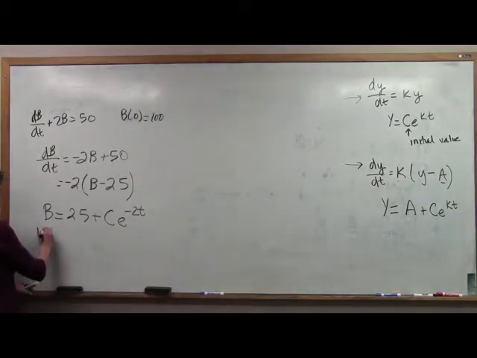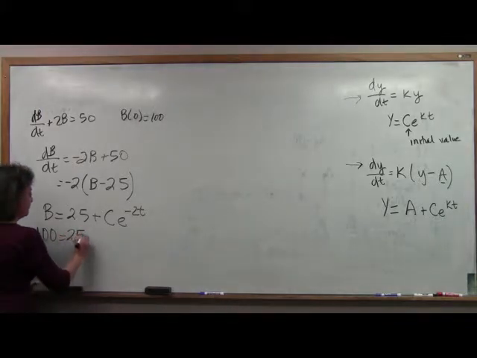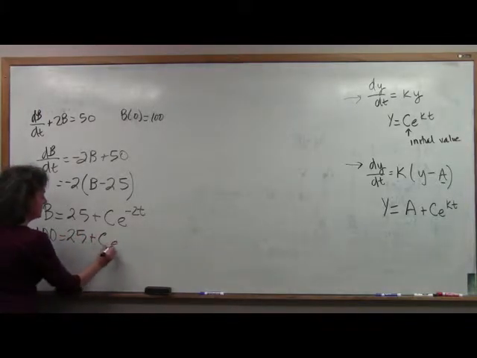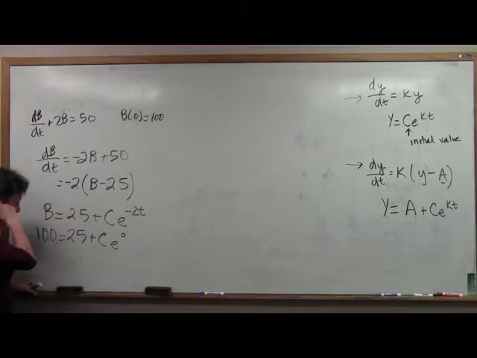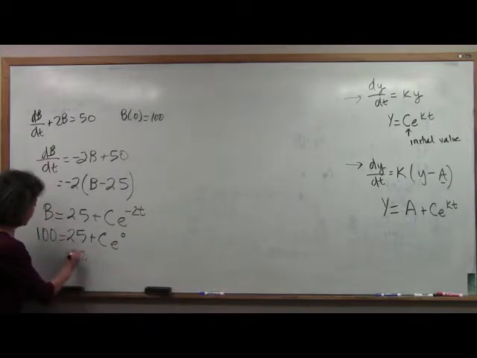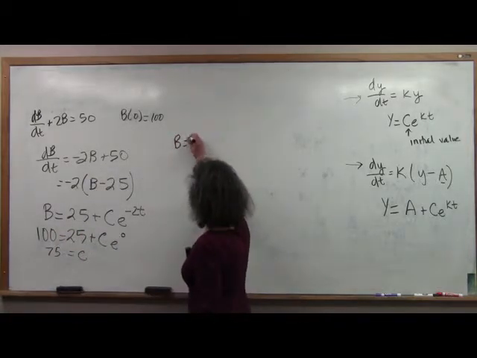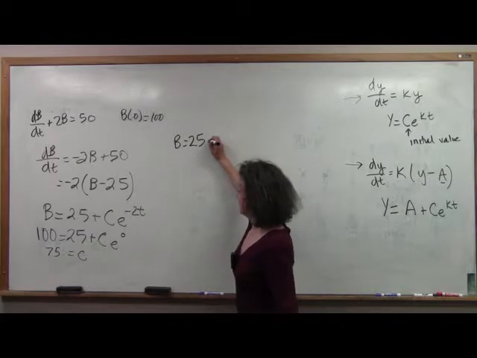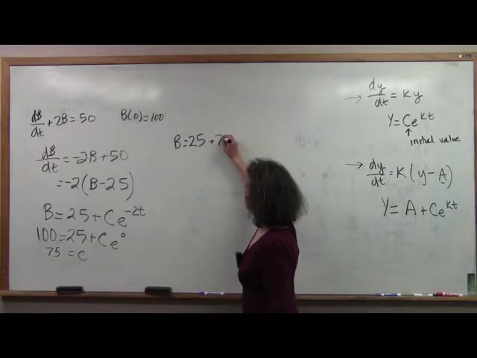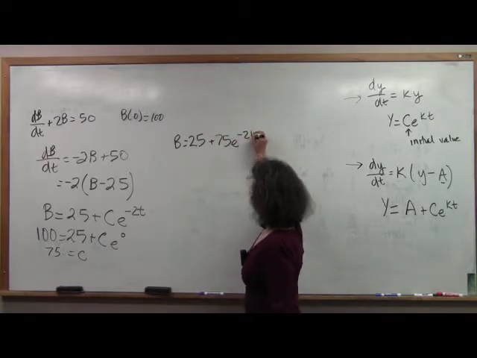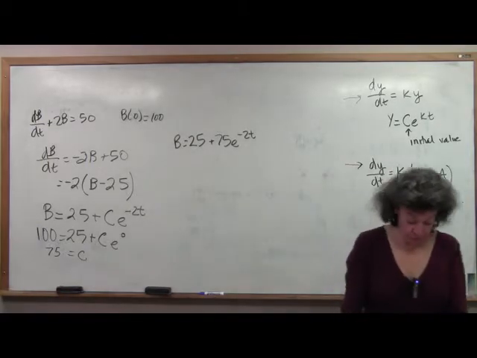We know that 100 is 25 plus c times e to the 0 power. Therefore, I claim c is 75. Therefore, in this particular case, my particular solution is 25 plus 75 e to the negative 2t.